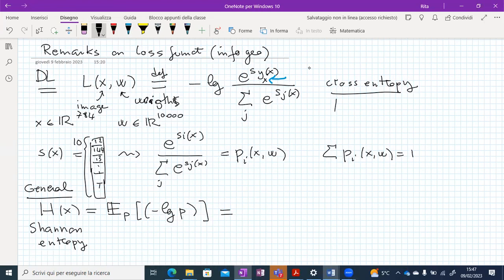So, for example, suppose your input image is a cat. No, actually, we're doing MNIST. So your input image is the number 2. Okay, so this is 0, 1, 2, and then 2 will be the label of the number.